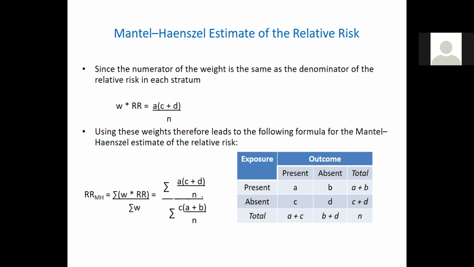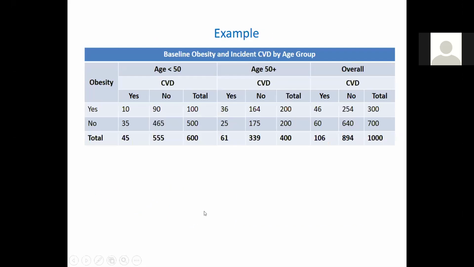It's the same thing you do for relative risk. You may not bother yourself much. So look at the example now. We have broken that into two strata: this is the overall, this is stratum 1, age less than 50, and age 50 and more.